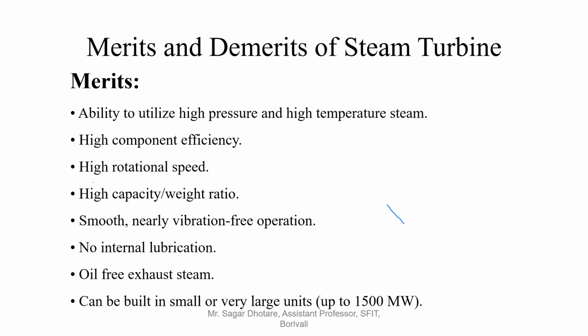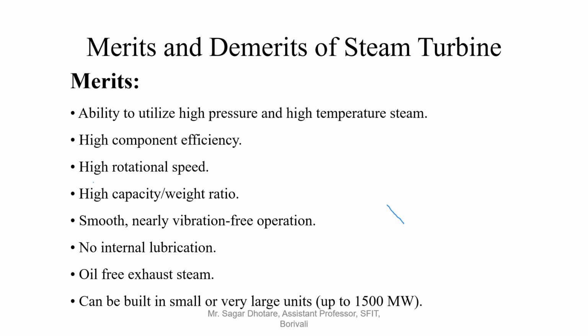So for that we have to attach a mechanical device, or you can say a gear train, which can maintain the speed necessary for the generator to convert mechanical energy into electrical energy.